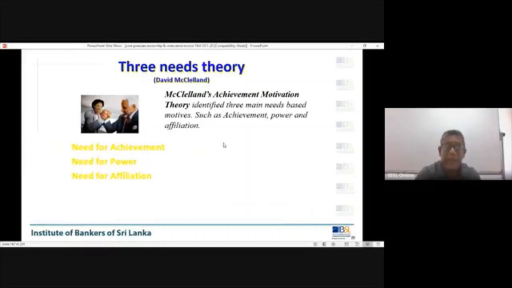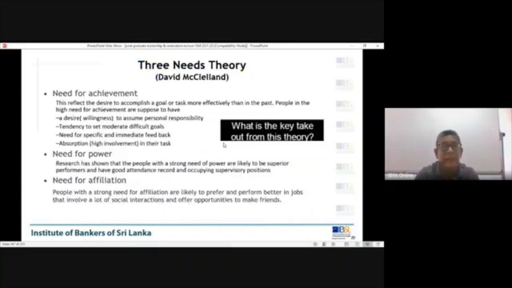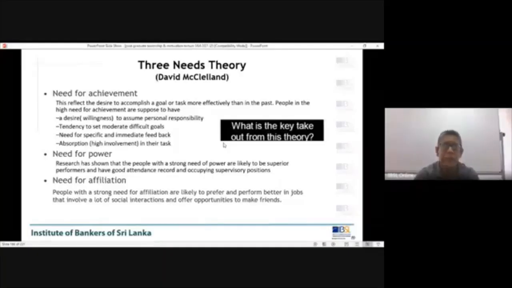Now, let me explain achievement. This reflects the desire to accomplish a goal or task more effectively than in the past. People with a high need for achievement are supposed to have a desire and willingness to assume personal responsibility, a tendency to set moderately difficult goals, and a need for specific and immediate feedback.